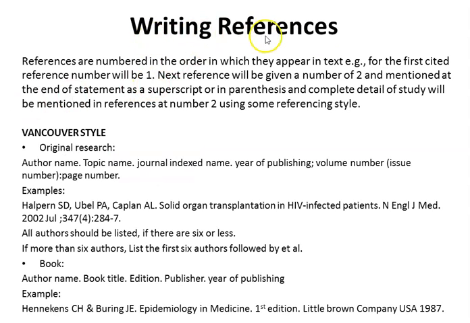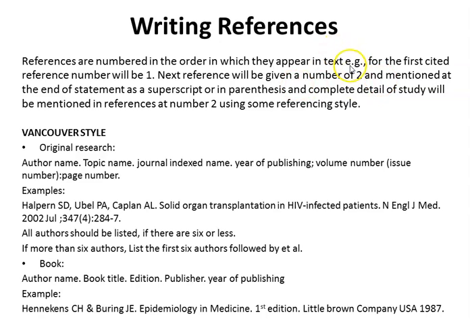Then how to write the references. So when we are writing introduction and discussion, let's say I have written a line of a researcher. At the end, I will give a number to a study, and in the references section, against that number, I will write the detail of that study.